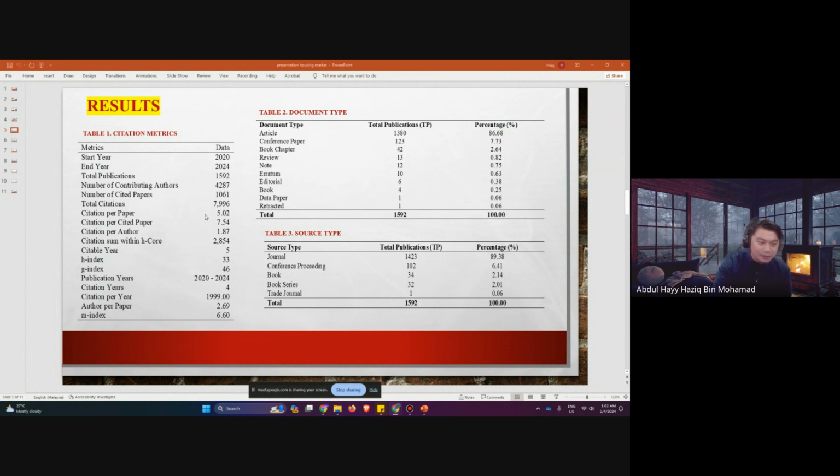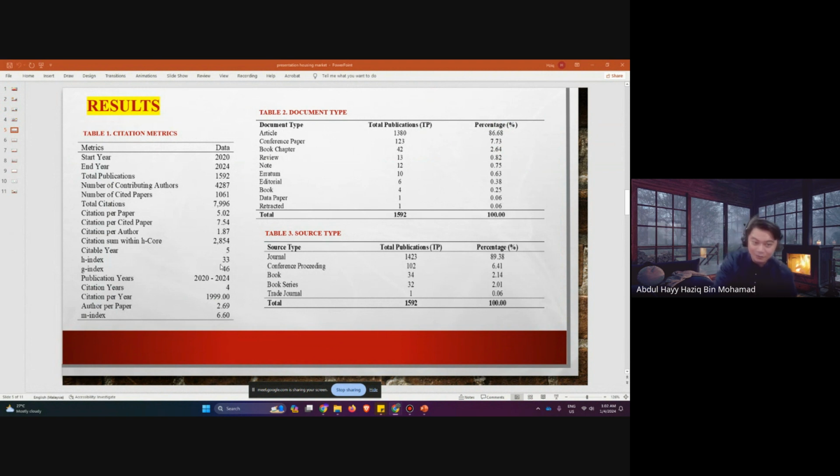The most astonishing figure here is total citations, which is 7,996. Not even five years, but almost 8,000. It's quite astonishing. Even the h-index here is 33 and the g-index is 46. It's quite a huge number for a period not exceeding five years.